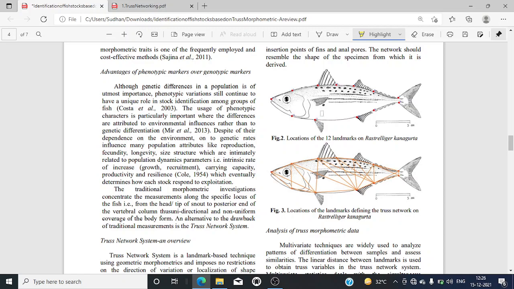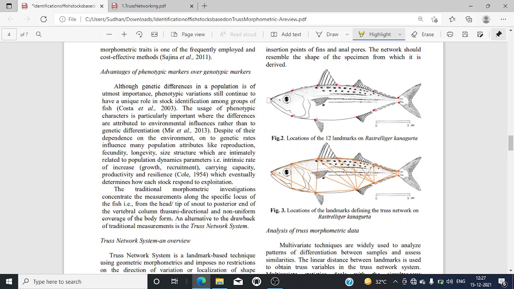First of all, we need to digitize the landmarks. Before digitizing, you need to take a paper with the fish, or you can roughly draw, or you can take a printout of it, and fix the position of the classical landmarks you want to fix, and start with clockwise direction.